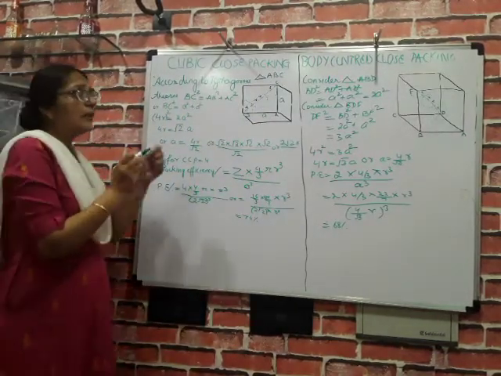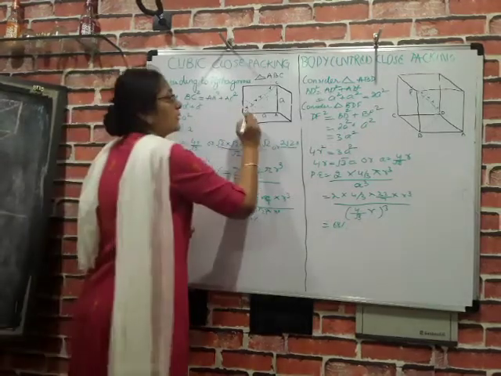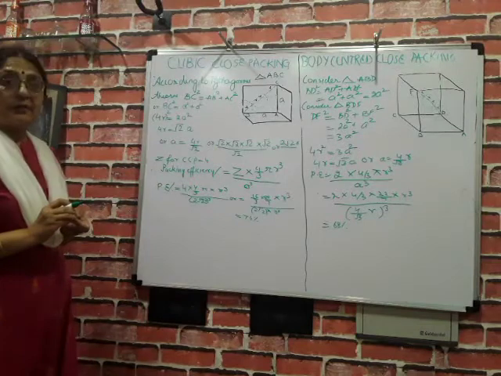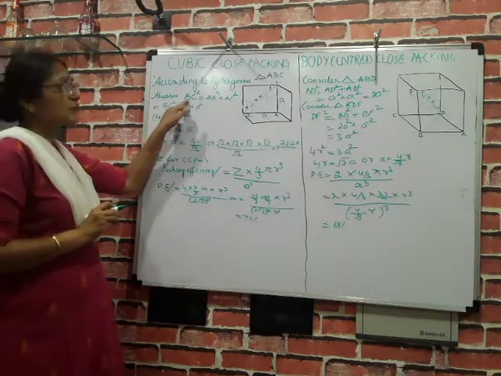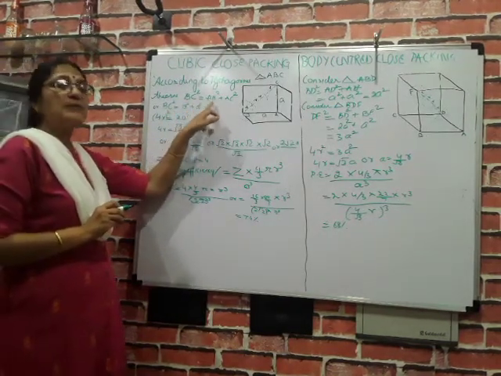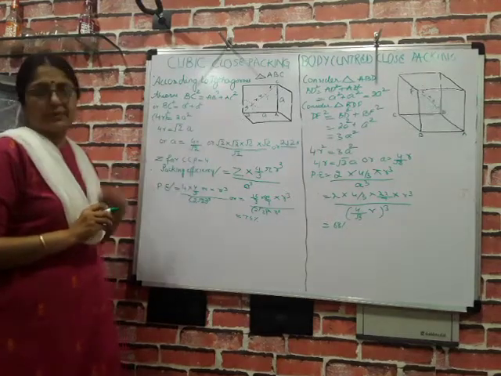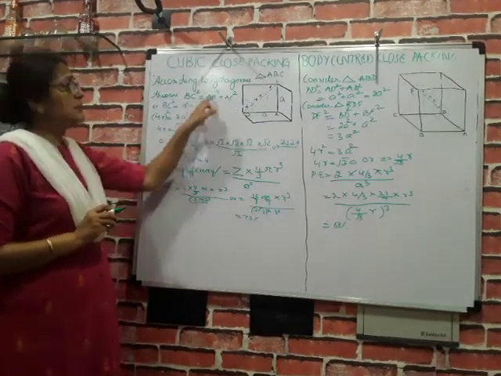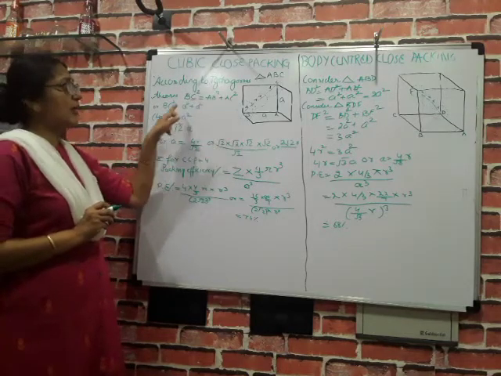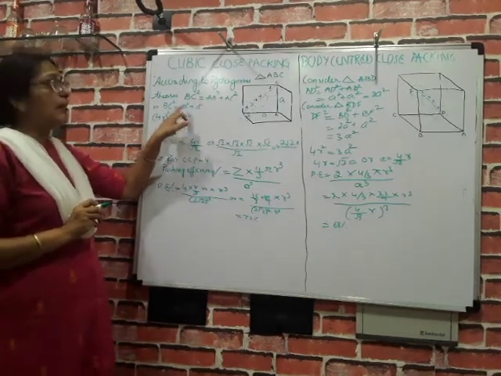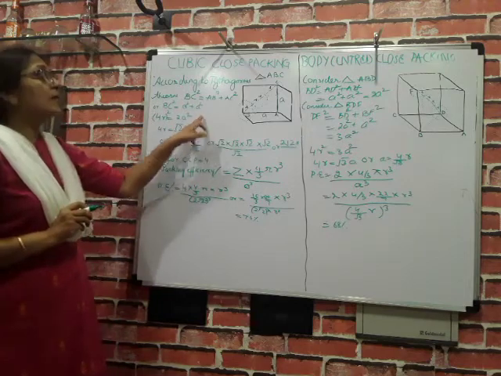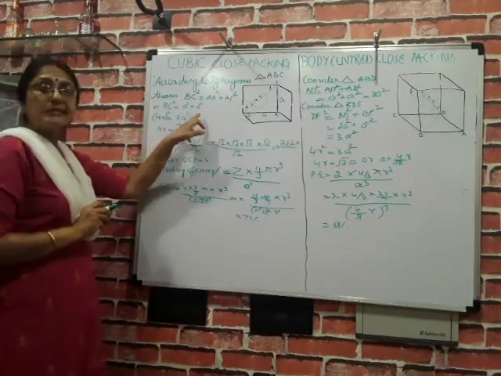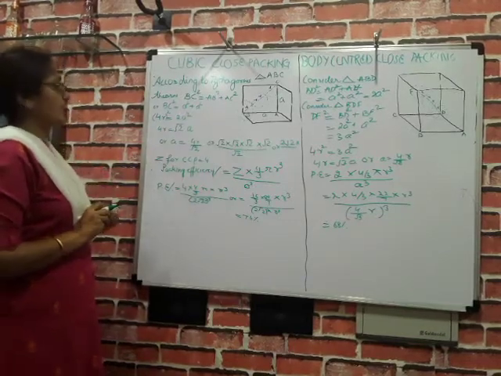In triangle ABC, the angle is at A, with B and C. According to Pythagoras theorem, BC square equals AB square plus AC square, and these two are edge lengths. So instead of AB and AC, I could write A square and A square. So our hypotenuse BC square is equal to A square plus A square.